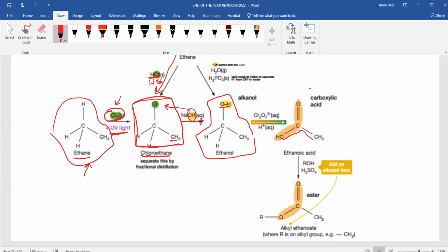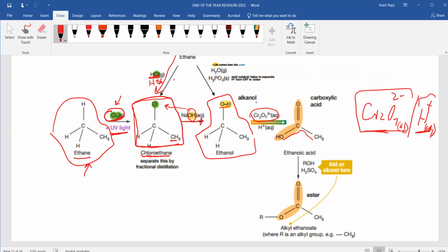It becomes acid. And remember that for the oxidizing agent you need to write both things, Cr2O7 2- / H+. If you write just this, you may not get full marks. You need to write both, and preferably with the state as well, aq, but not important. But the important thing is that you write the oxidizing agent and also write the H+.